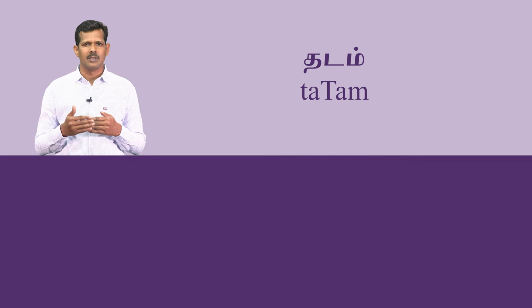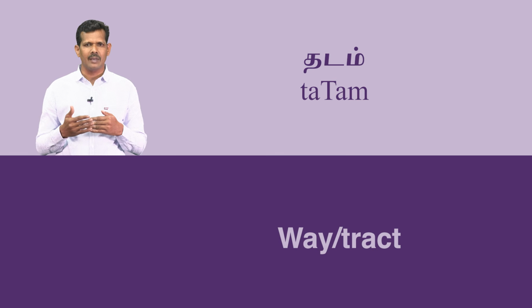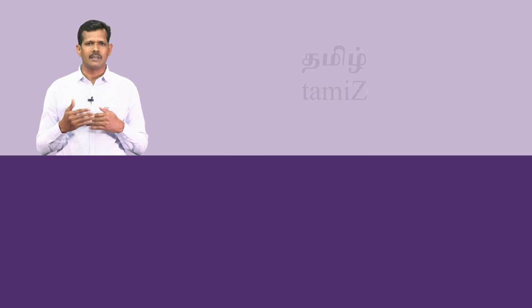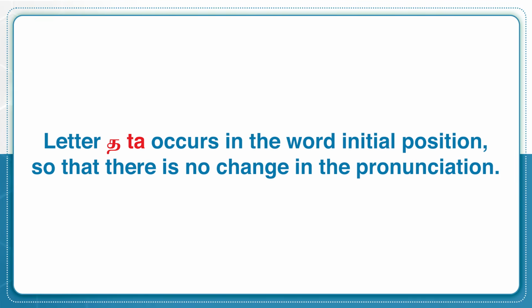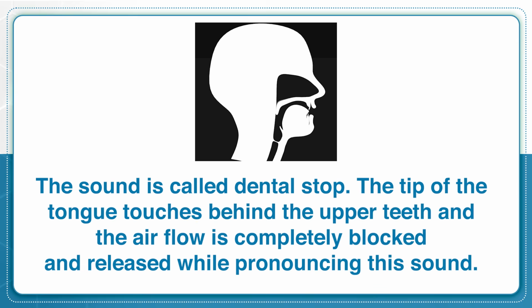For examples, tadam, which means way or track. Tamil means Tamil language. In the above examples, letter ta occurs in the word initial position so that there is no change in pronunciation. The sound is called dental stop.